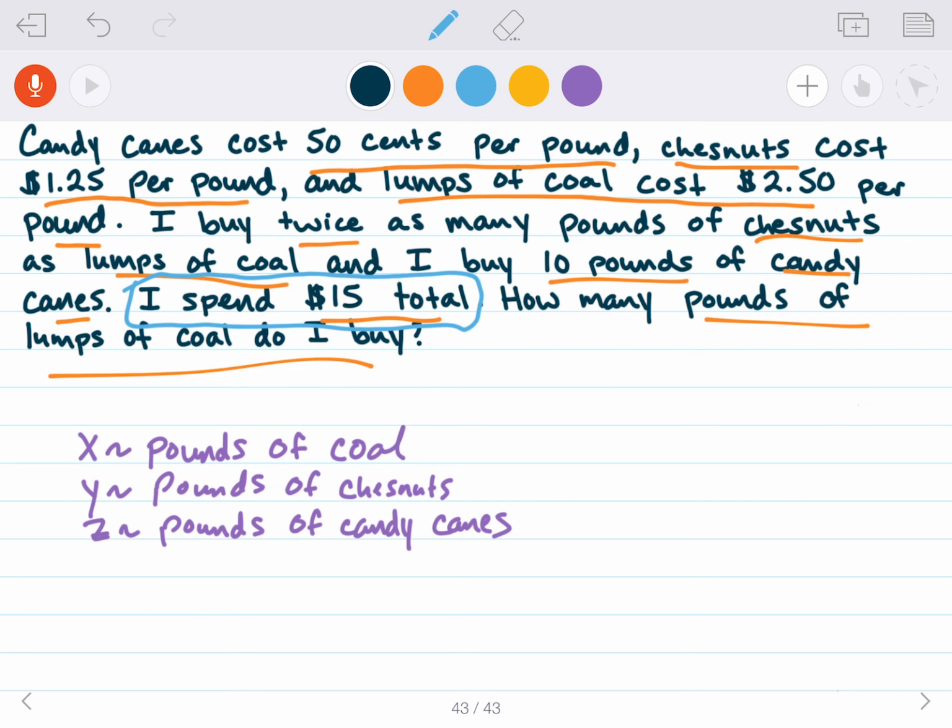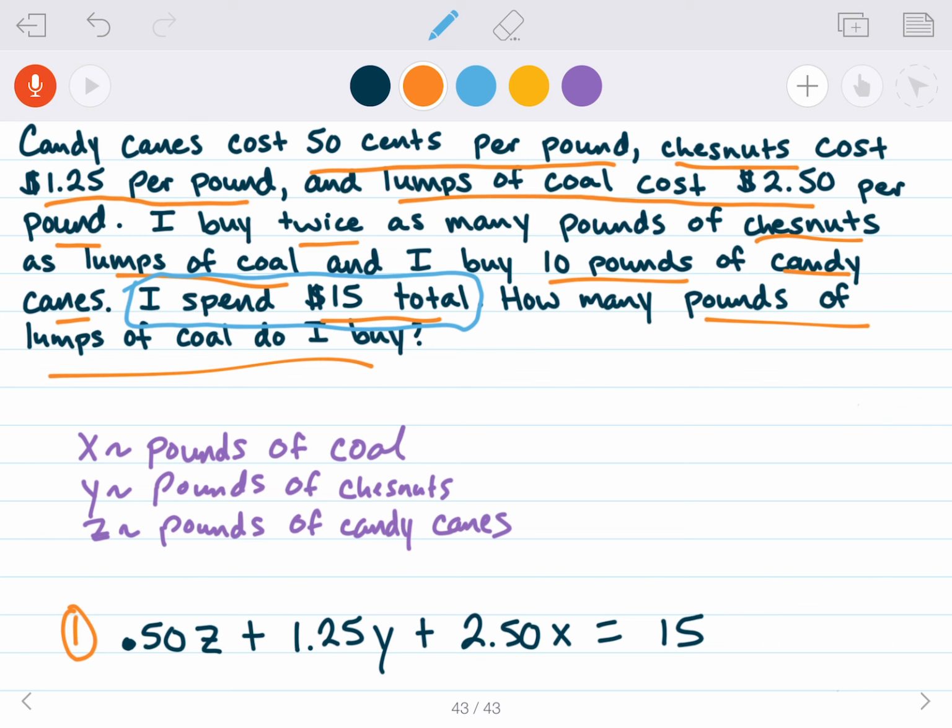Since candy canes are 50 cents a pound, I'm going to say 0.50 times the pounds of candy canes, which is z, plus chestnuts are $1.25 a pound, so 1.25 times y, plus how much coal, so $2.50 a pound for coal, and that total is going to cost me $15. Okay, so that's one equation that we have here.